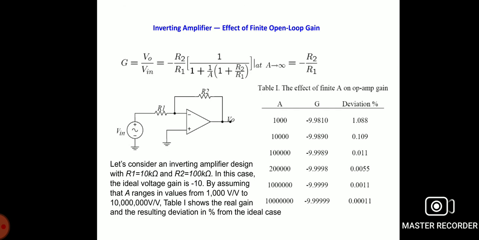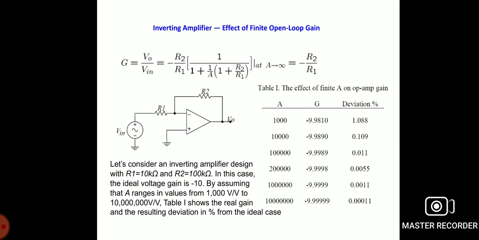In this case, the ideal voltage gain is minus 10, by assuming a range of A values from 1000 to 10,000. The table shows the real gain and the resulting deviation from the ideal case. So the effect of finite A on the operational amplifier is the deviation of the gain of the amplifier.